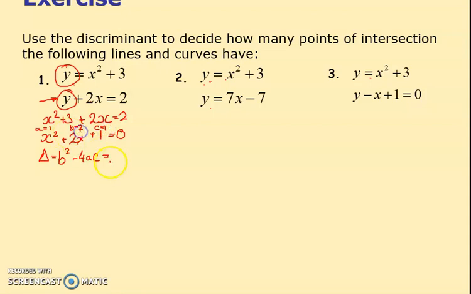So it's b squared, 4, minus 4 times the 1 times the 1. Alright, that's 4 minus 4, which is 0. So again, because it's 0, there's 1 point of intersection. It doesn't ask me to find out where it is, by the way. Up till now we've been told to find where it is. Here we're not. So can you pause the video, try and do 2 and 3 on your own.